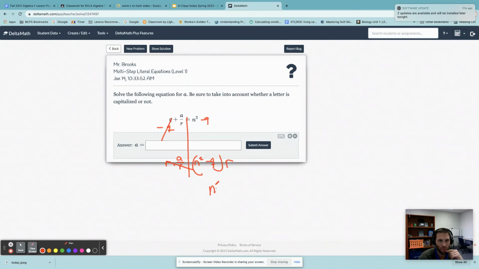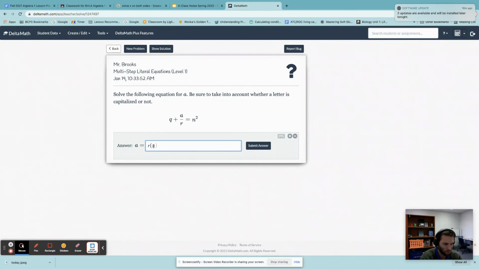So this is N squared minus Q times R. I think you can probably write it as R N squared minus RQ, and it'll give it to you, but I don't know. I would just leave it like this: R times N squared minus Q.